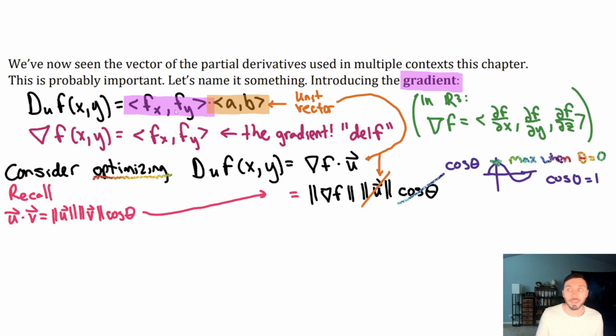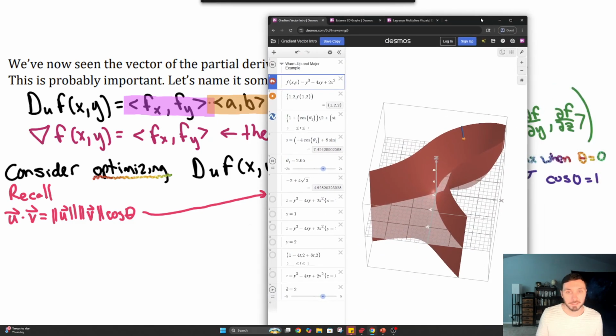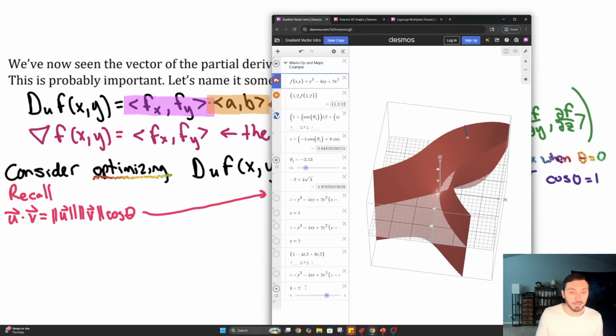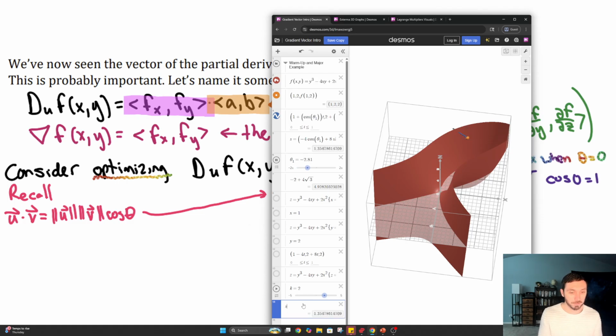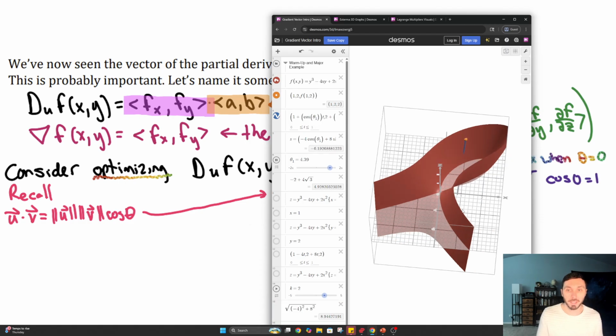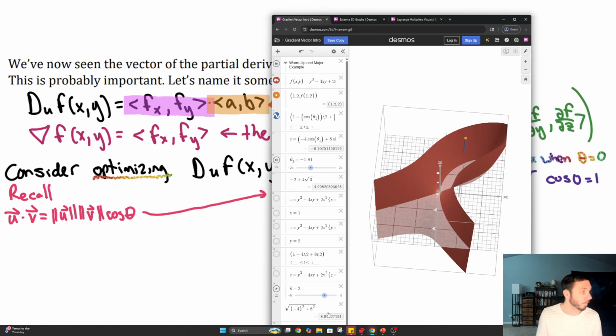So in the case that we were just dealing with, the fastest slope at this value would just be the magnitude of the partial derivative vector. That would be the square root of -4 squared plus 8 squared. So we'd be looking at a fastest slope of like 8.9-ish.